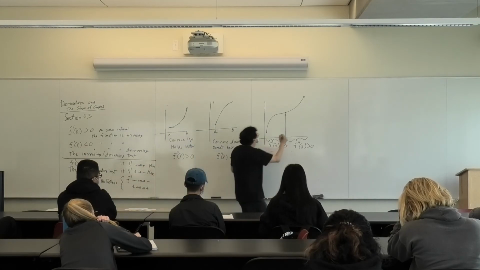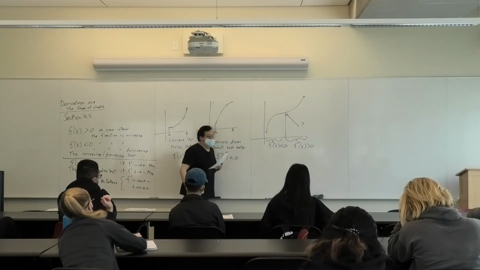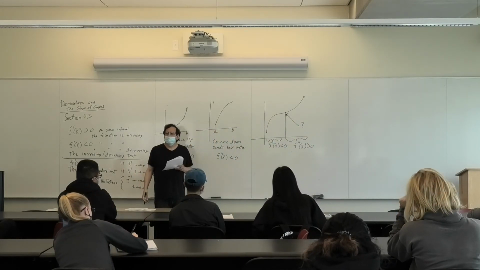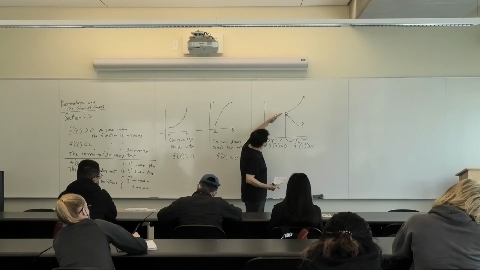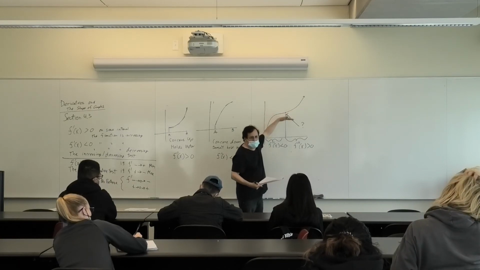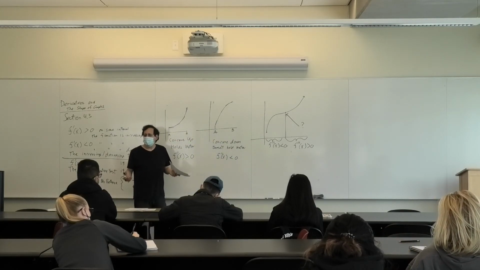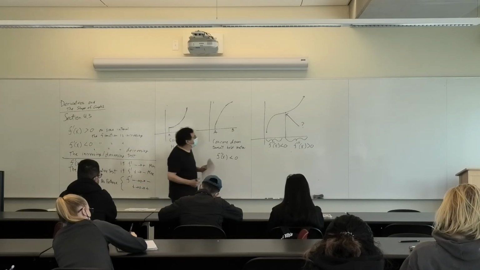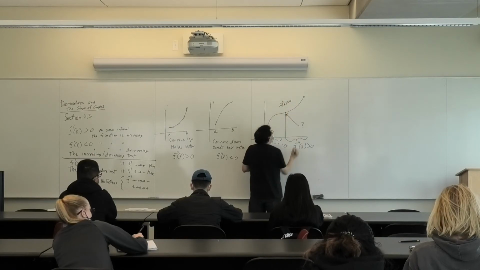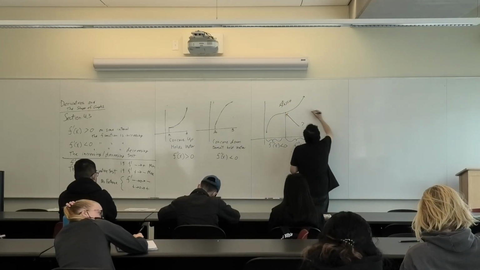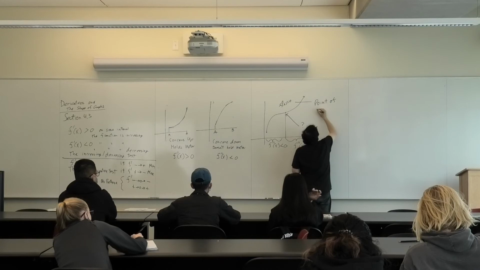Now what happens here? If the second derivative is negative and then it becomes positive, and it's smooth, what has to happen? It has to be 0. So we have here a point where the second derivative is equal to 0. And we have a special name for that called a point of inflection.